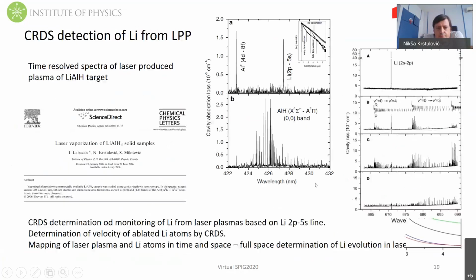A long time ago, we also performed laser ablation of, as I said before, lithium in different atmospheres. But this work is also now in focus of our interest, because we managed with cavity ring-down spectroscopy to perform complete mapping of such a system.